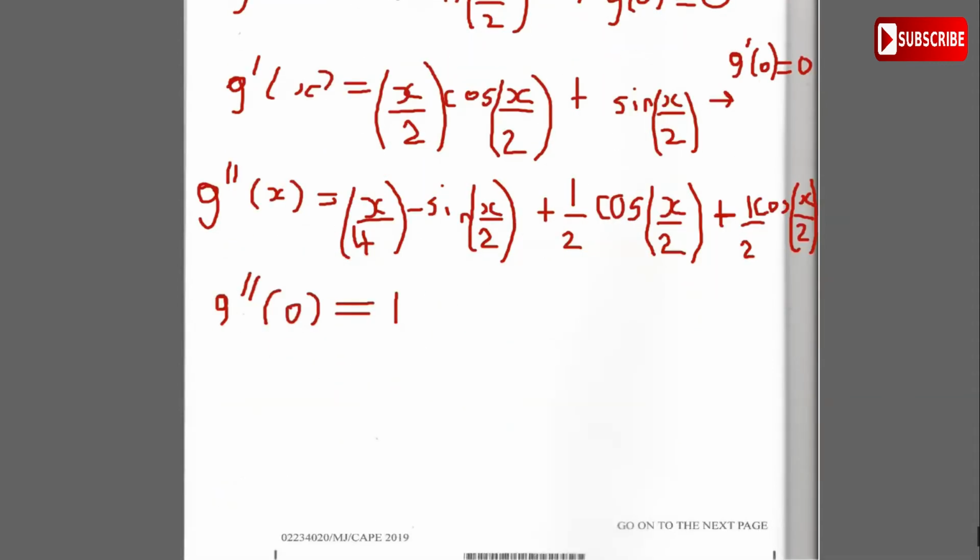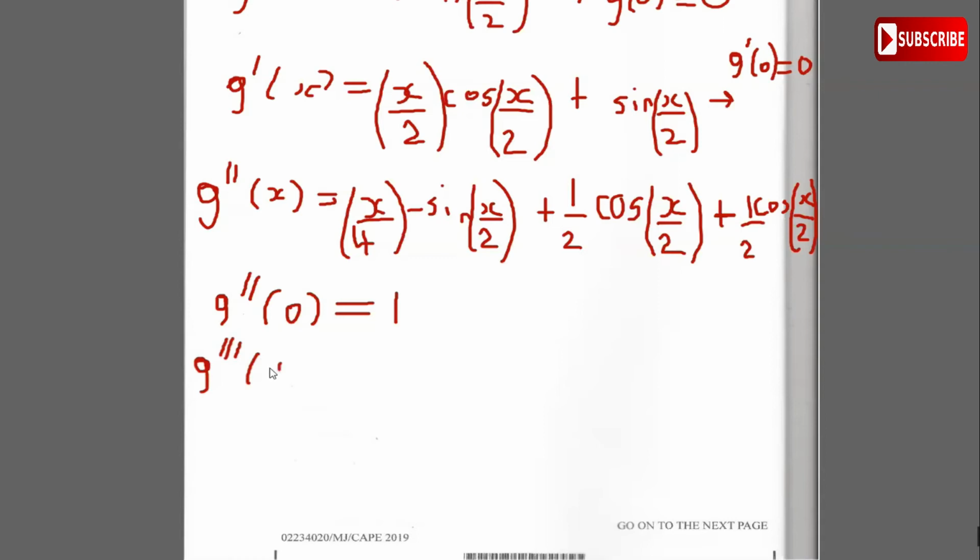All right, nice. Now, once you have g double prime of 0, which is equal to 1, you may go ahead and proceed to find the third derivative, g triple prime. Before we can even find g triple prime of 0, we need to find g triple prime of x.